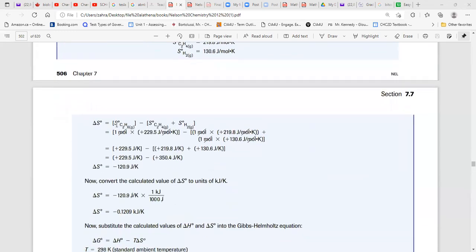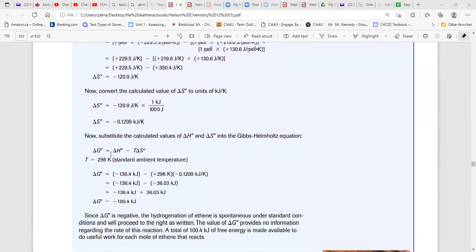So the entropy of the products minus the reactants, you do the same way, and this is delta S. Since you are doing the standard, the standard ambient temperature is 298. We have found delta H, we have found delta S, and T we know. Delta G is negative, which again says it's spontaneous. Gibbs energy is decreasing.